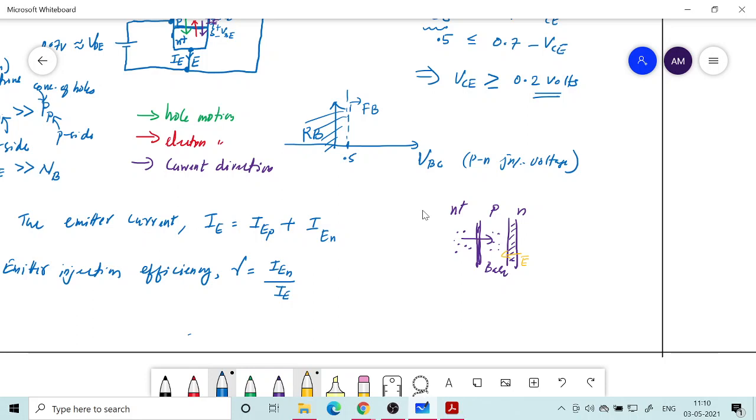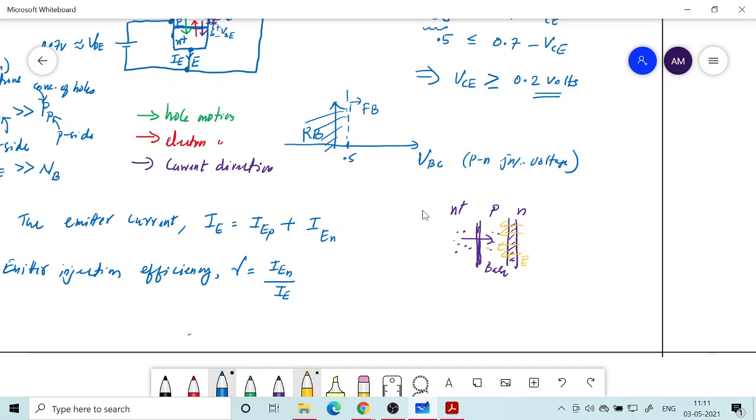Or even if the forward bias is very small, there is a built-in potential, and due to the built-in potential, even if you don't apply any voltage across it, there is an electric field from N to P. We will see that expression also.